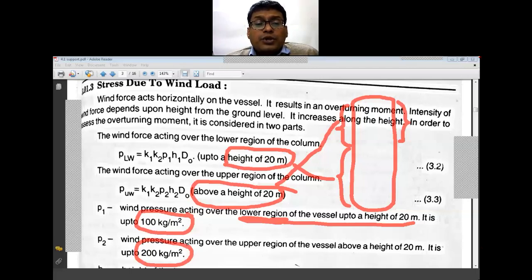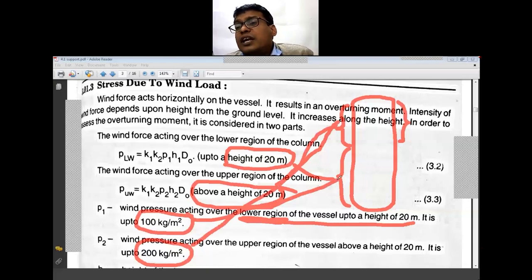P2 is nothing but the wind pressure acting over the upper region of the vessel, above a height of 20 meters. So above the height of 20 meters it is 200 kgs per meter square, and below this it is 100 kgs per meter square.